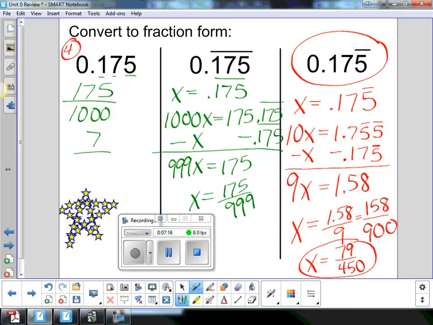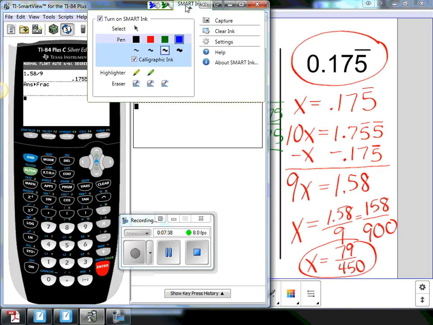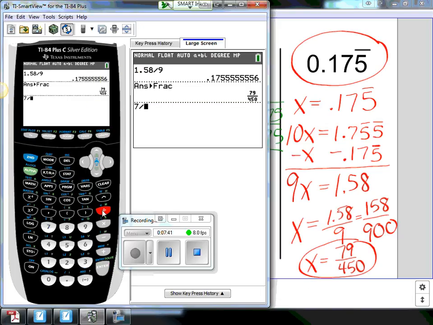How many quarters are in a roll of quarters? $10 is a roll of quarters. 40, yeah. 25 goes into 100 40 times. It's 7/40. You can check your work with these by simply typing in 7 divided by 40. As soon as we get rid of the ink. 7 divided by 40 should be 0.175. Okay? That's it for number 4, right? Number 4?